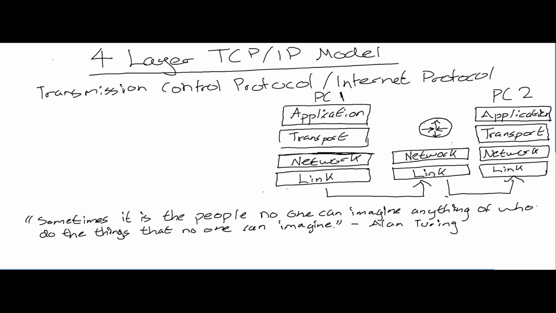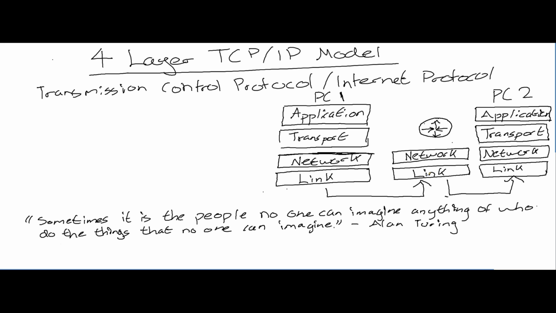The link layer puts on the sender MAC address, which is the router's MAC address, and a destination MAC address, which could be another router or the final destination MAC address, so the MAC address of PC2. So that's why we've got the network and the link layer for each of these routers.